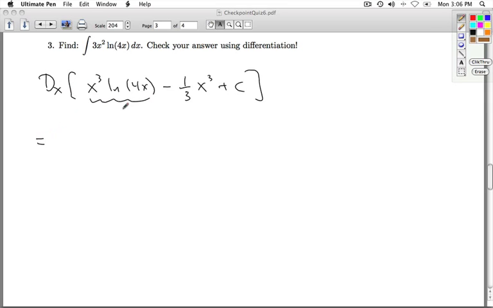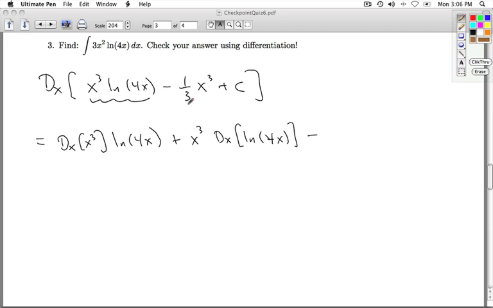So product rule on the first term: the derivative of the first factor times the second plus the first times the derivative of the second, minus the derivative of 1/3 x cubed, which is 3x squared over 3, x squared, and the derivative of the constant then is 0.